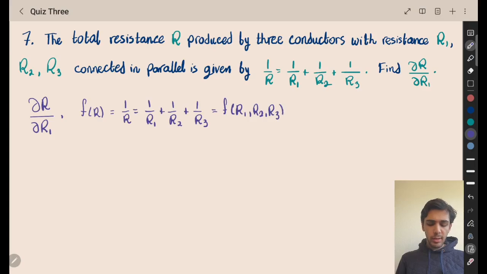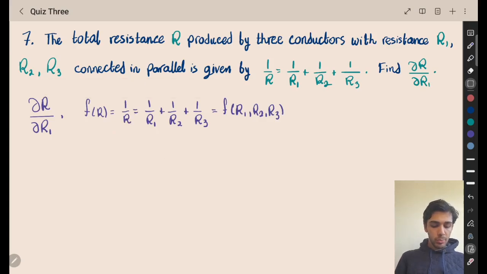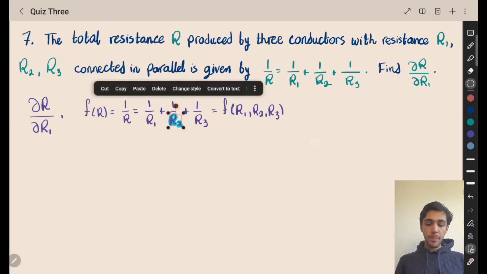Not equal in that sense. You cannot just take any arbitrary function of r and then say it's a function of r1, r2, and r3. It just works for our example here. To be precise, we're saying that this function which we've written to have a dependency on r also has a dependency on r1, r2, and r3.